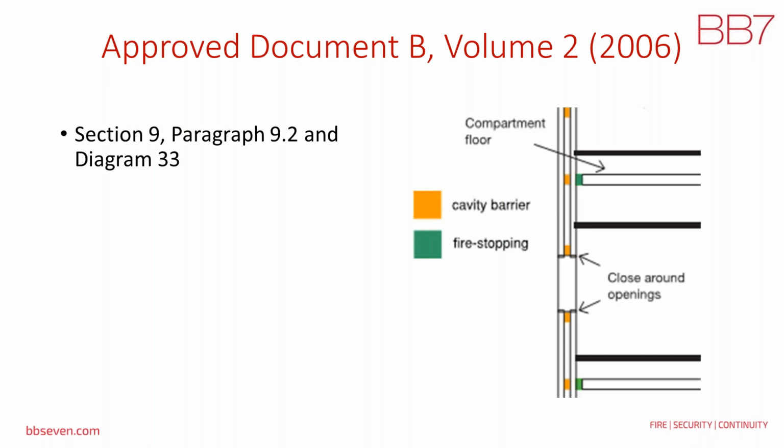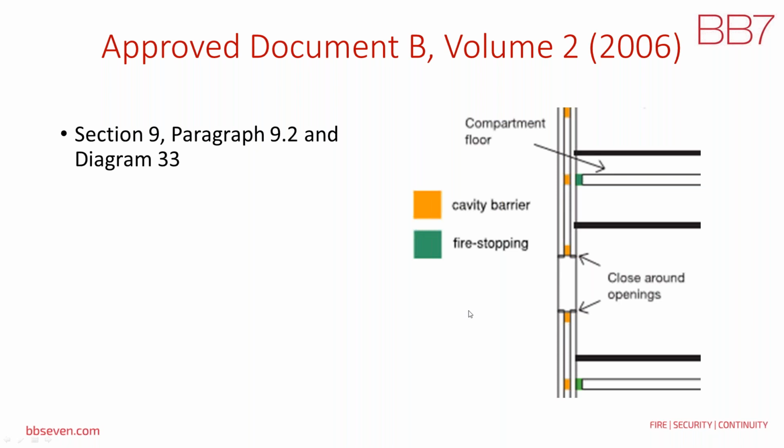And this diagram is from Section 9 and diagram 33. So in Approved Document B, diagram 33, you will see this particular document. And notice that I've coloured in some parts of the wall. So if you can see my mouse, I'm not sure if you can see my mouse, but there are orange parts where you've got cavity barriers, and there are cavity barriers in the external wall.